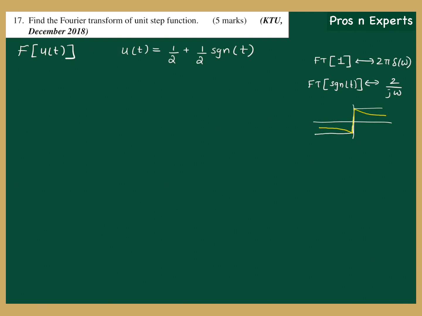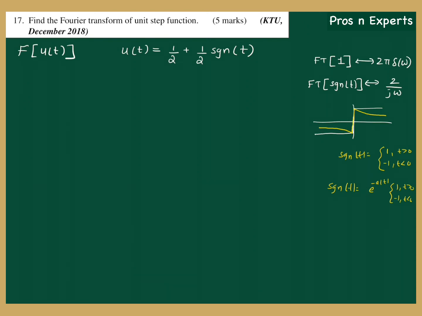So signum of t was 1 for t greater than 0 and minus 1 for t less than 0. We inserted e raised to minus a mod t into this equation.